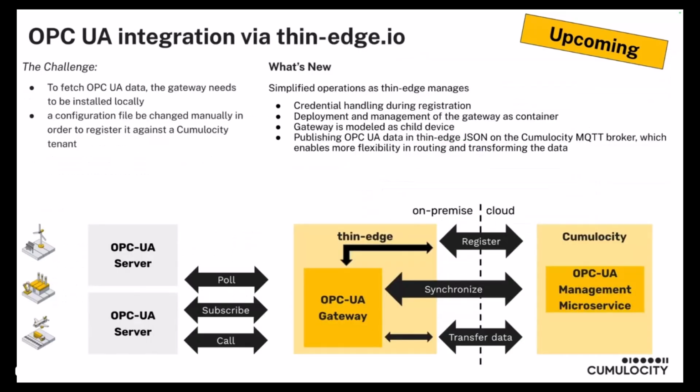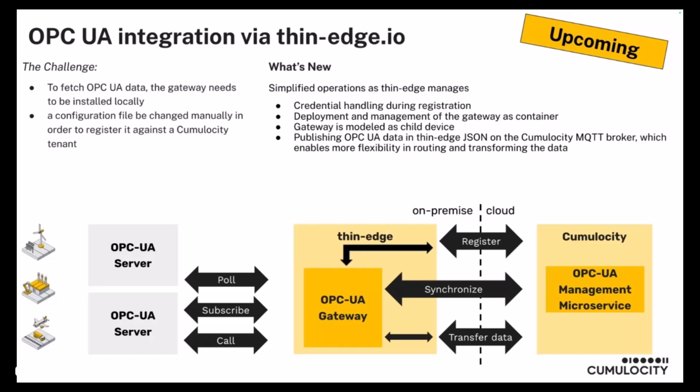And the next one is OPC-UA integration via ThinEdge. This will significantly improve and simplify the management of the OPC-UA gateway, which will in future be deployed via ThinEdge, basically wrapped in a container. The benefits here are that credential handling is handled by ThinEdge.